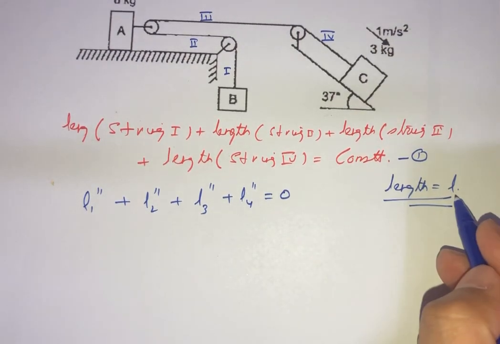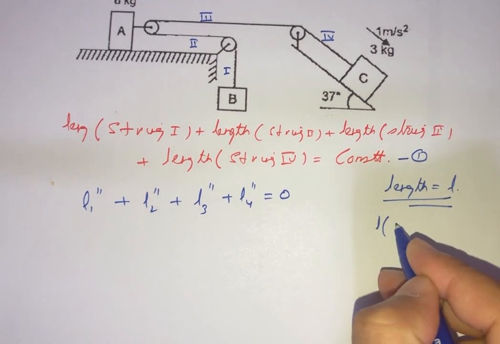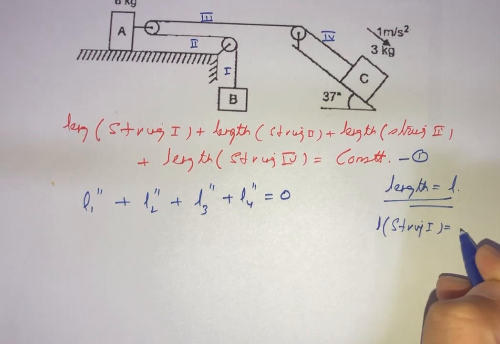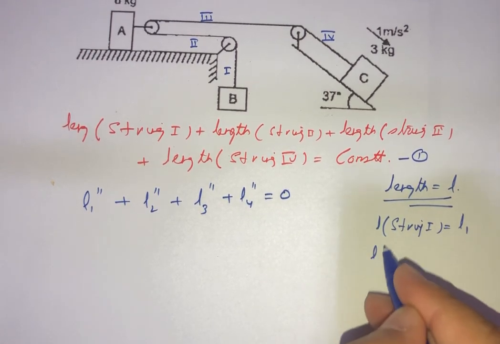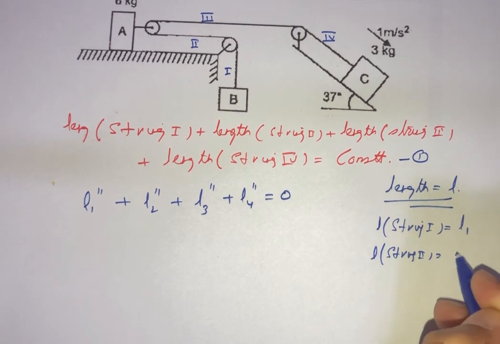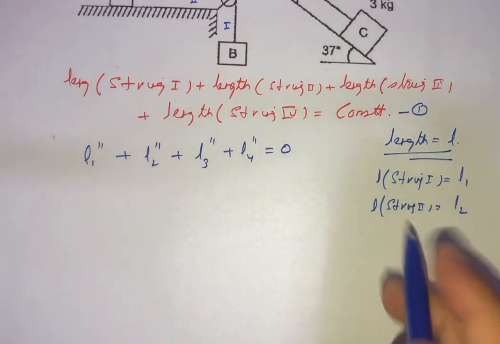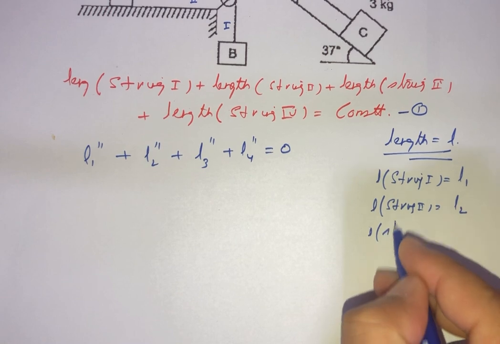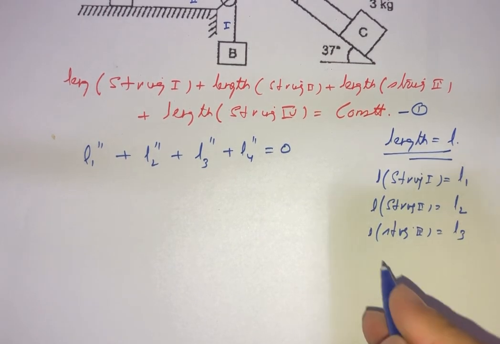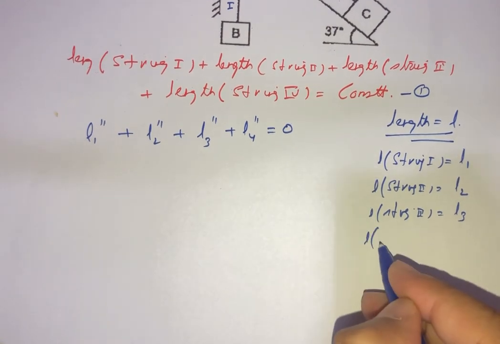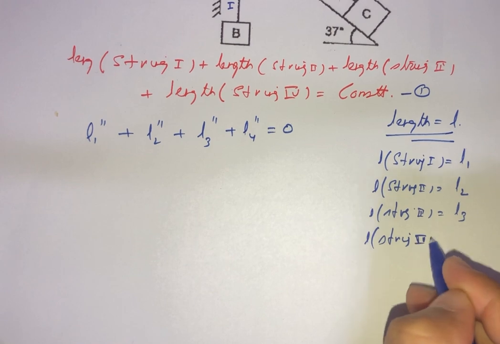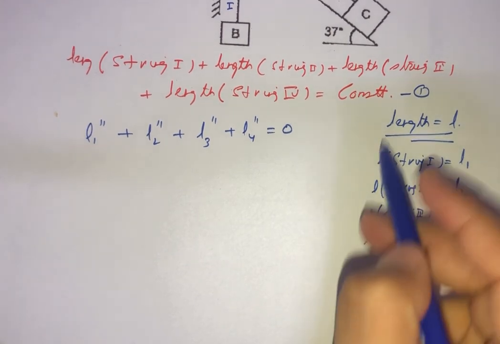Length of string 1 is written as L1, length of string 2 is L2, length of string 3 is L3, and length of string 4 is L4.